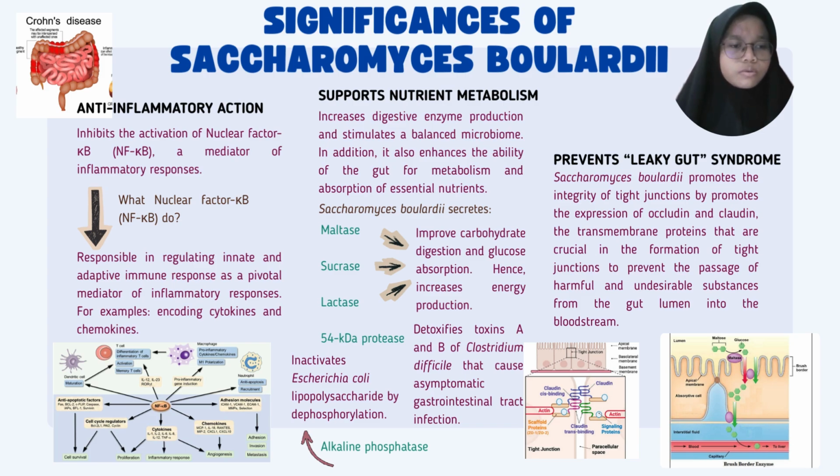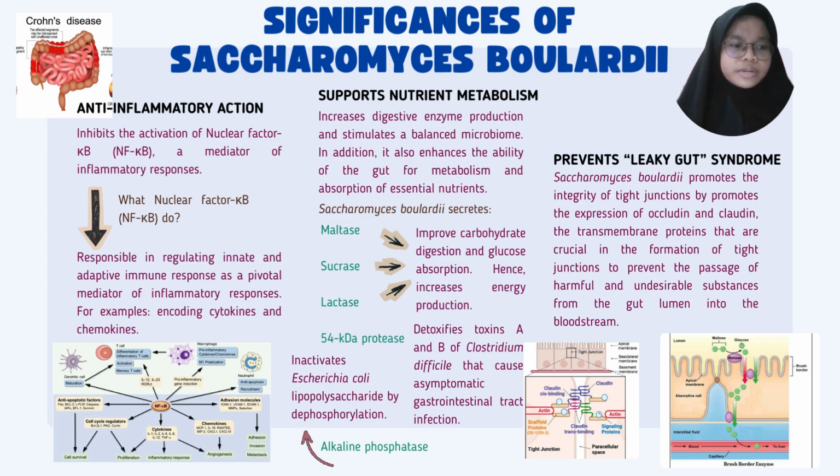And last, we move to the last significance of Saccharomyces boulardii. Saccharomyces boulardii promotes the integrity of tight junctions of the gut cells. Normally, gut cells must be tightly together. So, what does Saccharomyces boulardii do?